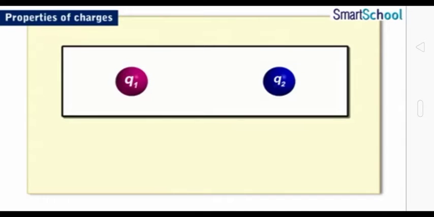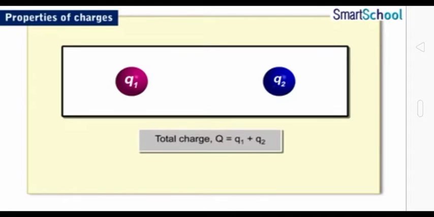Let us illustrate this with an example. Consider a body carrying a charge Q1, and we add another charge Q2 to this body. Now, the total charge on the body is the algebraic sum of both charges. That is, total charge Q is equal to Q1 plus Q2.